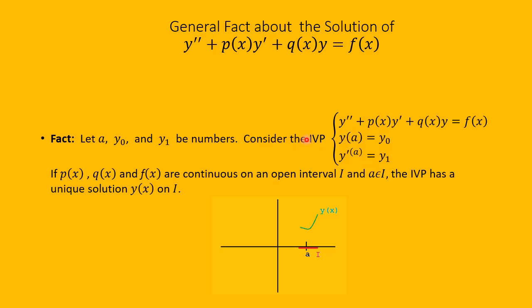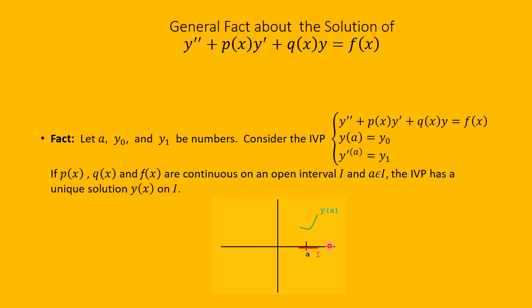Consider the initial value problem, this differential equation, for y of x, and it has three functions in it, p of x, q of x, and f of x. If p of x, q of x, and f of x are continuous on an open interval I, and this number a is in I, then the initial value problem has a unique solution on that interval I.